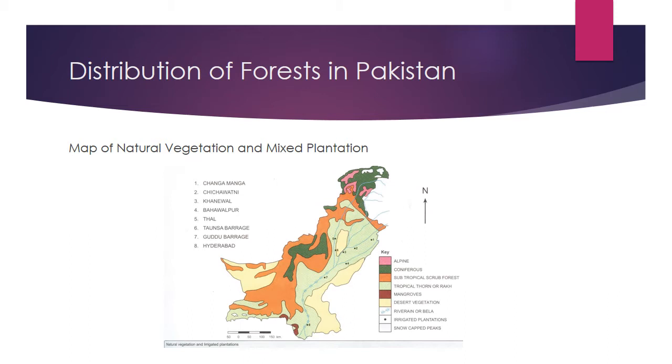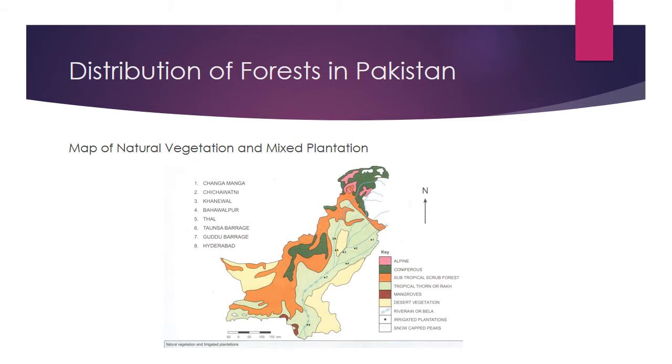Then next are coniferous forests, shown with green color, and we can see that coniferous forests are found in mountainous areas of KPK and Gilgit-Baltistan, and also in some western parts of Pakistan and western mountains.